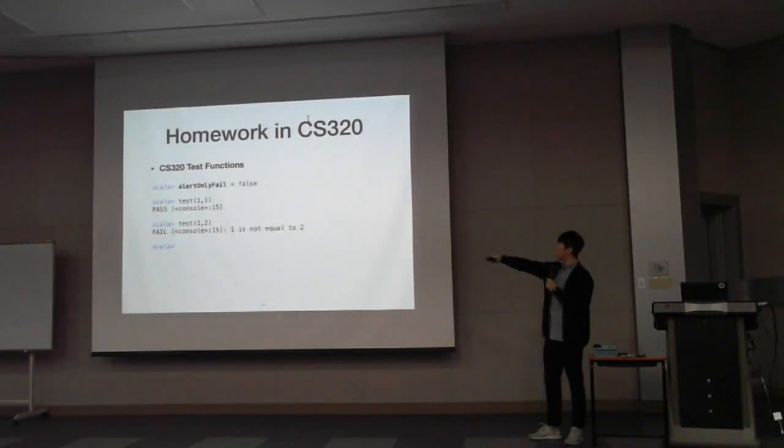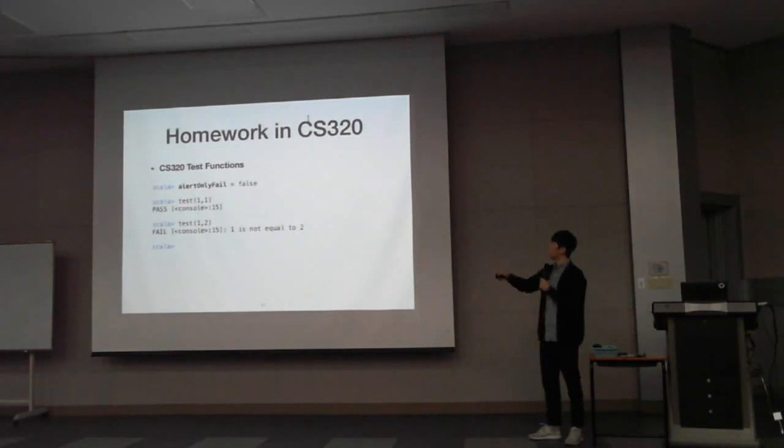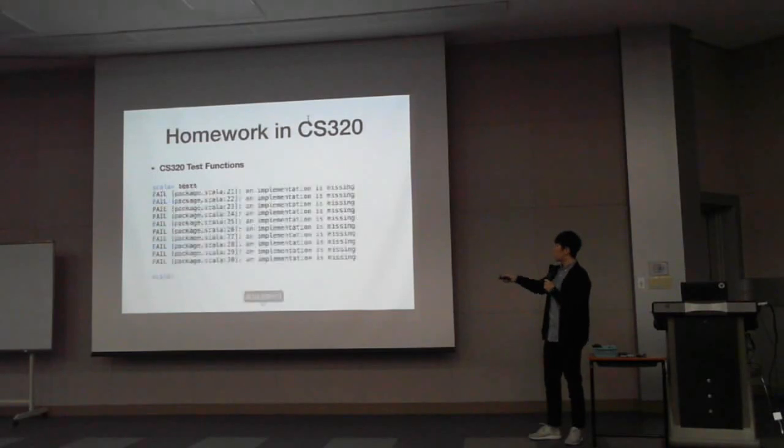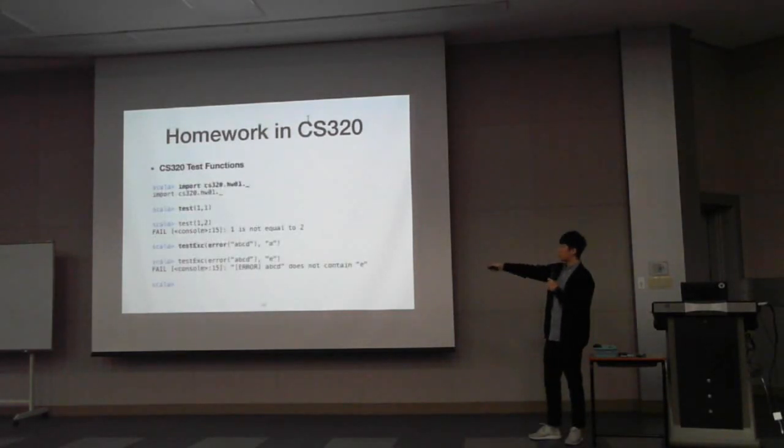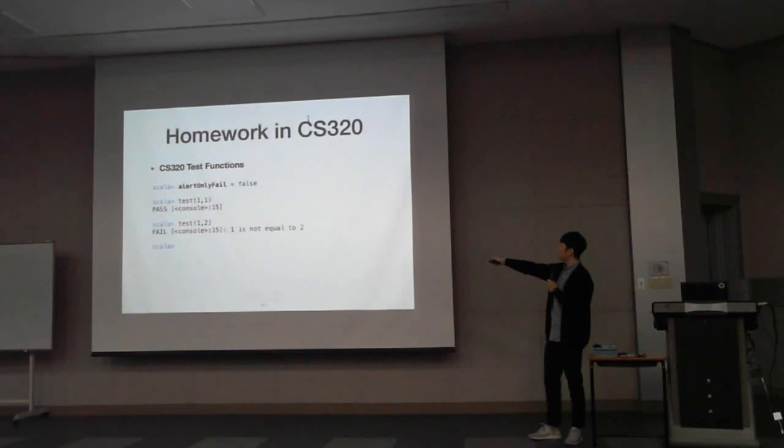And there is another option, alt only fail. The default is that only failures are shown. In that case, when a test passes, it does not show anything. But if you turn off this option, then even when it passes, it shows a pass message.